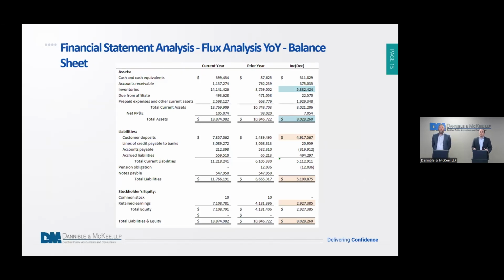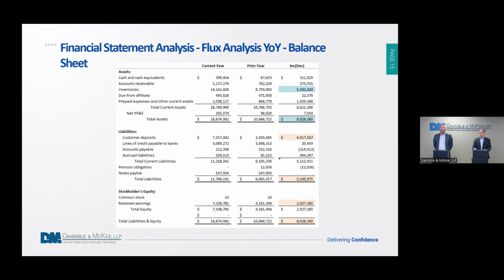So the second way you can analyze your financial statement is by comparing one period versus the next. So on the screen, you'll see a balance sheet that's compared current year versus the prior year. And then the third column there will be the increase and decrease based on year over year. If you look at the assets section, you'll see assets went up by $8 million.